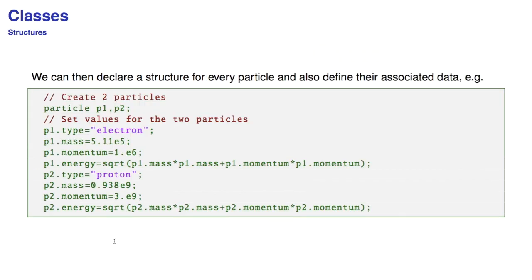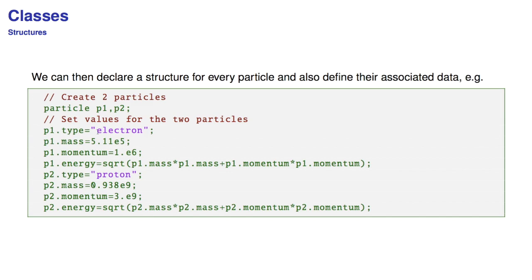Now, once you've declared a struct, it is actually like a type. It's like a string. You can deal with it in almost the same way. We can declare two particles, one called P1, the other called P2, and then we can set the value for the two particles.